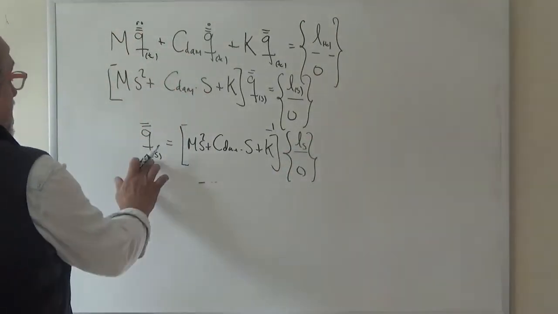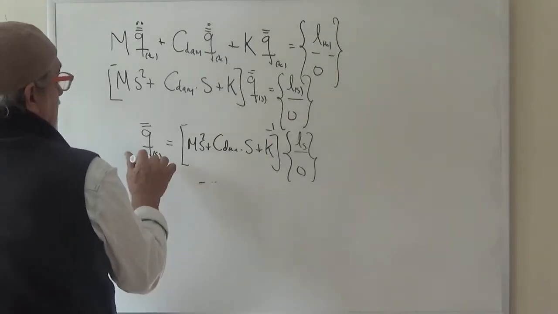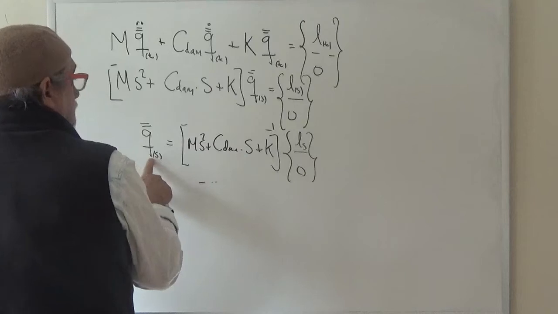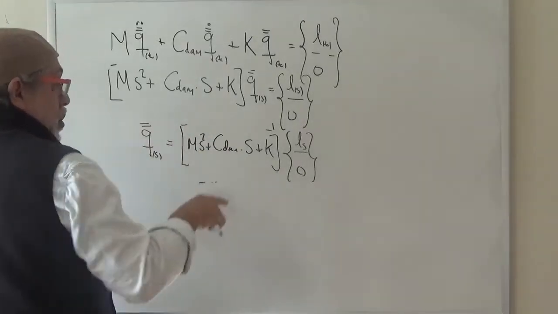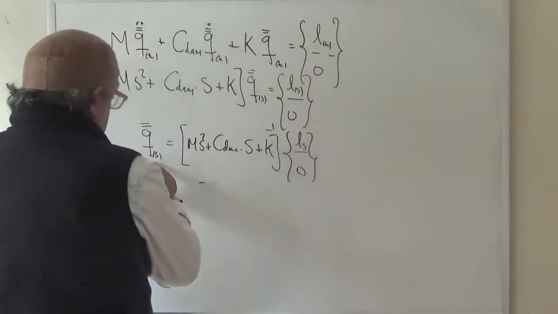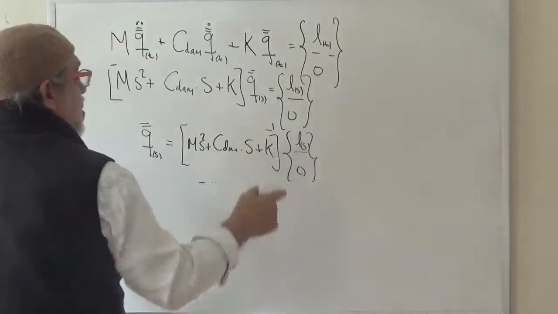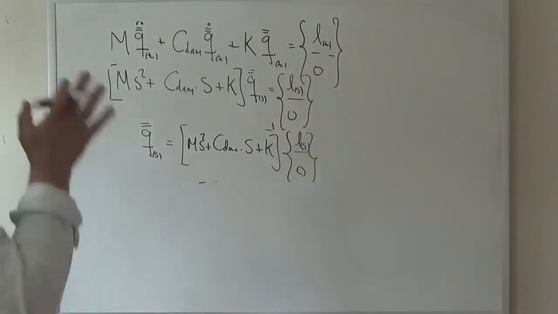Okay, so what is this q bar(s)? That would be the displacement field everywhere in the structure, right? Due to, in the Laplace domain, the loading that produces zero stress everywhere.